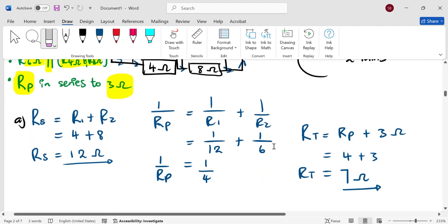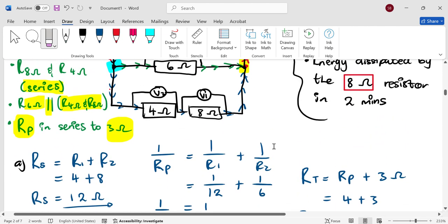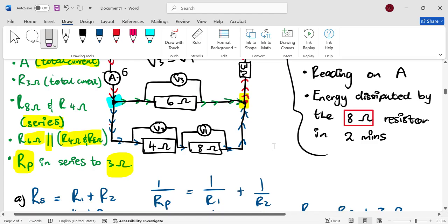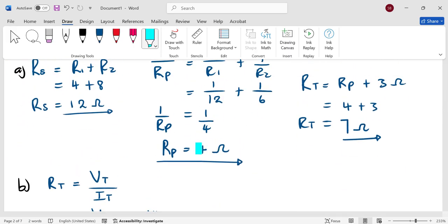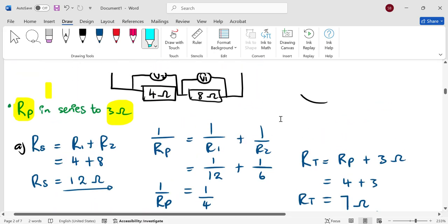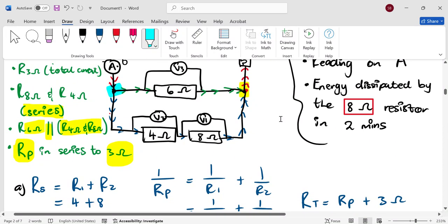Remember, we calculated that resistance, and we got 4 ohms, right? Yes. So R parallel was 4 ohms, and we have the current flowing through the 4 ohm resistor, because once we make it one resistor, it reads the total current.